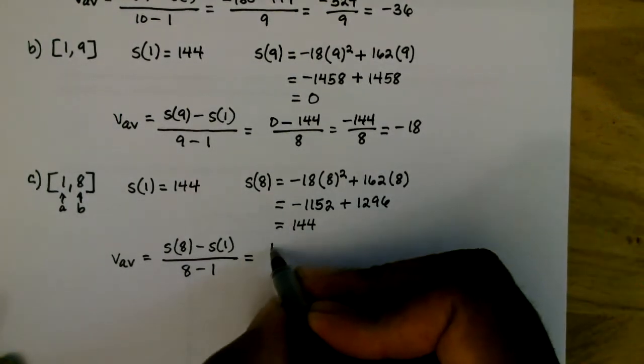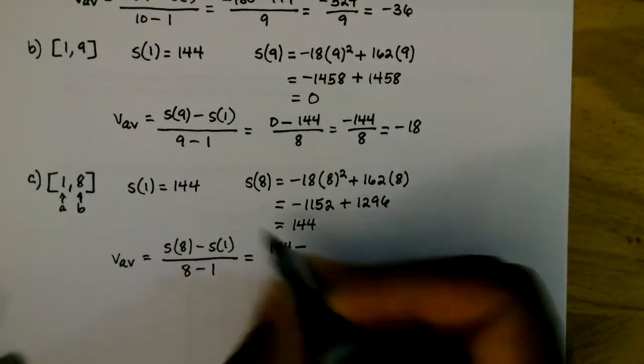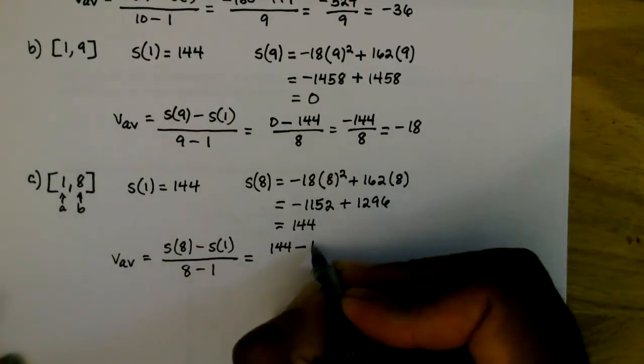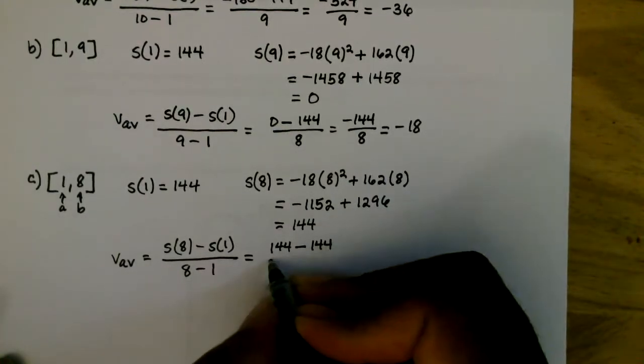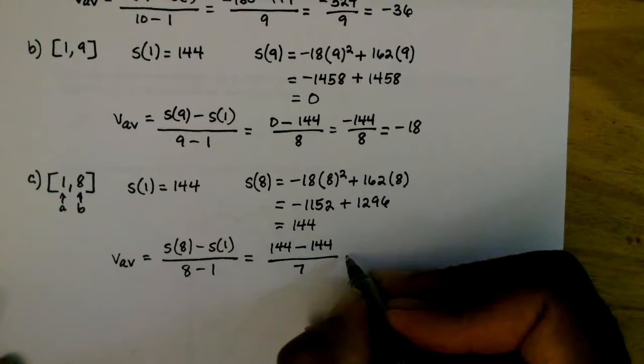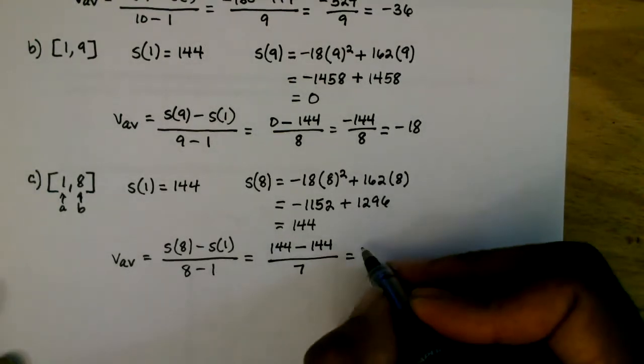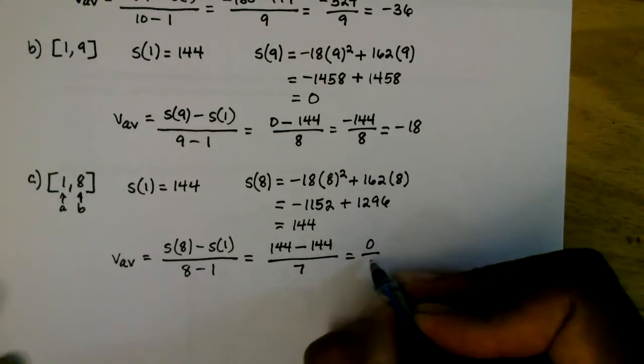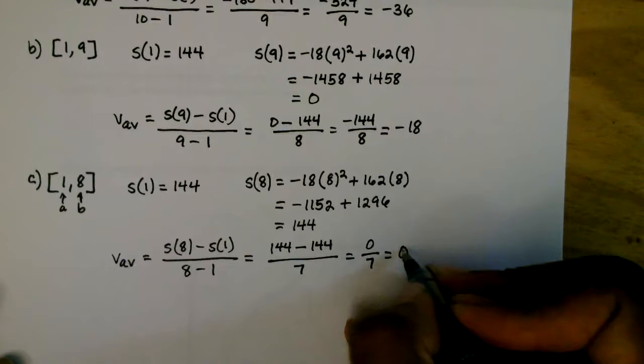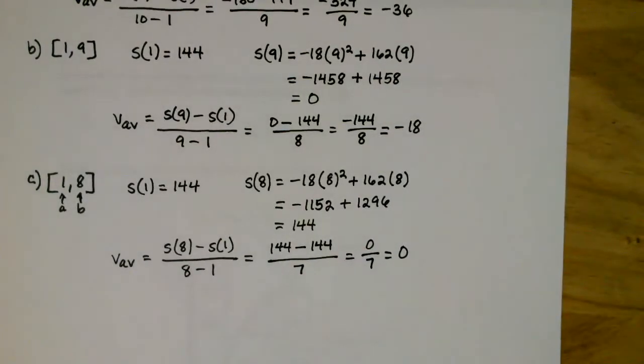And S of 8 is 144 minus S of 1. That's also 144. Divide that by 8 minus 1, which is 7. 144 minus 144 is 0. 0 divided by 7 is 0. So for this, the average velocity from 1 to 8 would be 0.